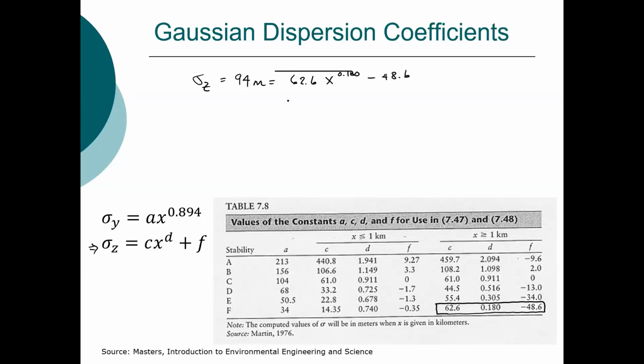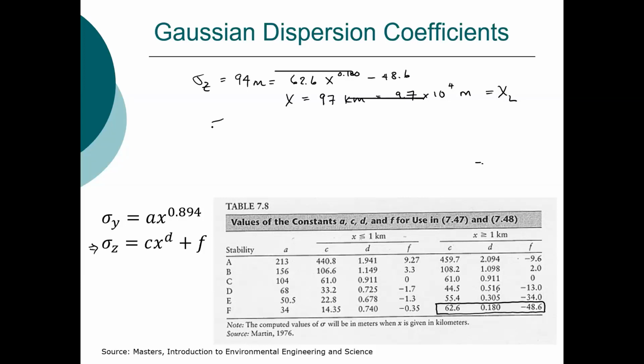And if I solve then for X, that is equal to 97 kilometers, or 9.7 times 10 to the 4 meters. I apologize for all the extra lines. This then is X sub L, because we defined it as such.